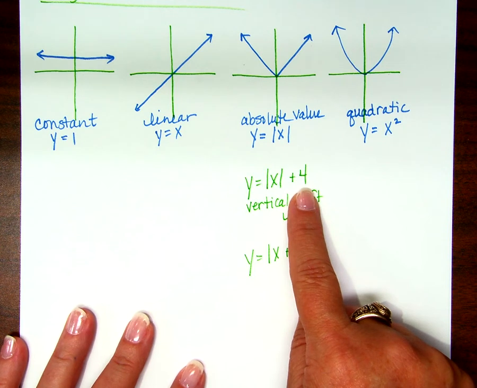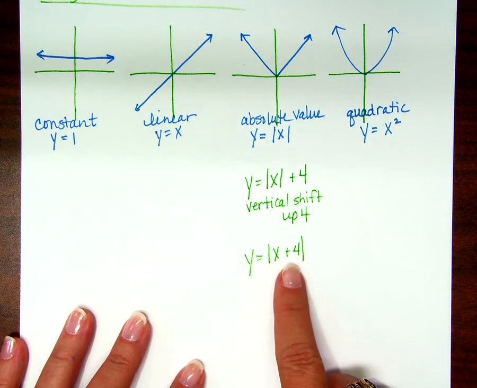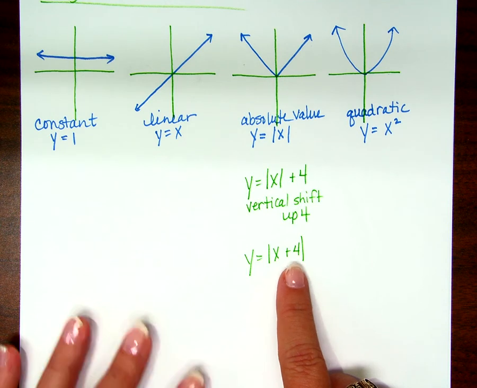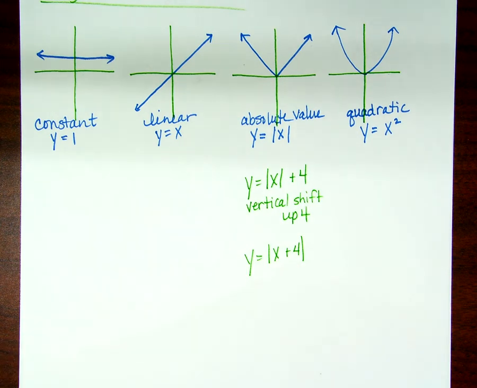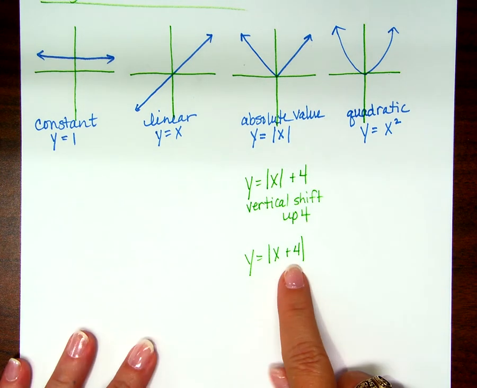What's going to happen when it's inside? Would it move horizontal? It would be horizontal. But here's the thing about it. I'm going to tell you the way I remember it, if that helps, and then I'm going to show you the technical reason that this is true. Is that okay? The horizontal changes are going to be opposite of what you think.